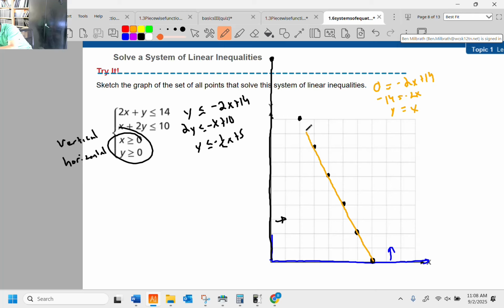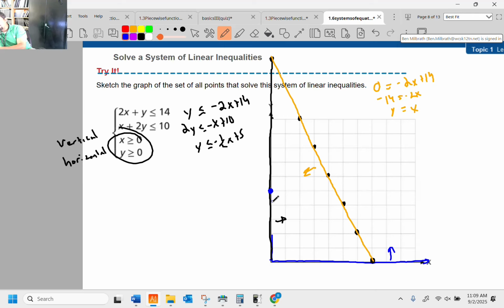And what is the inequality telling me to do? Saying less than. Shade left. So there's a big triangle right now that's wanting to be shaded out. Now we got one more equation to do. It's this one. Negative 1/2 x plus 5.